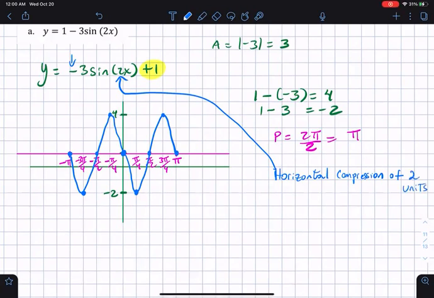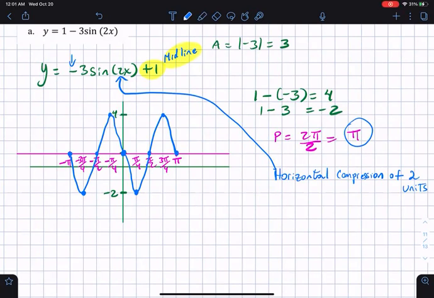Then you can say the period is pi, right? Midline, you can put here midline. When you highlight it, you can do that. The midline should be y equals 1, right?